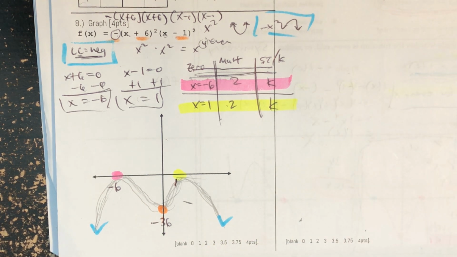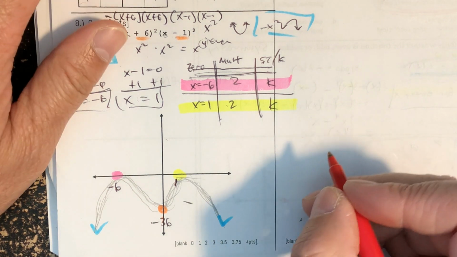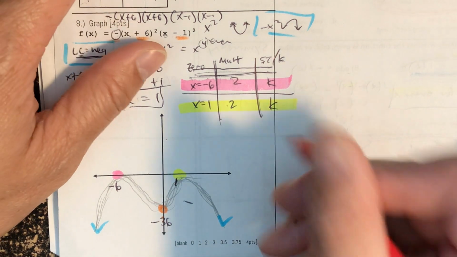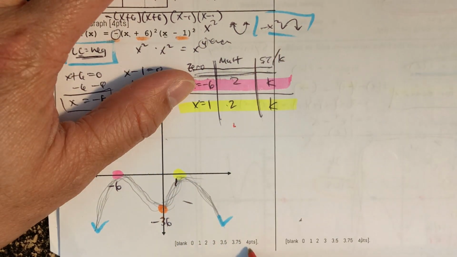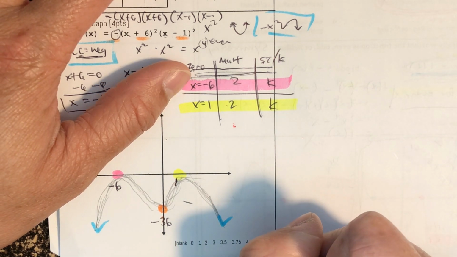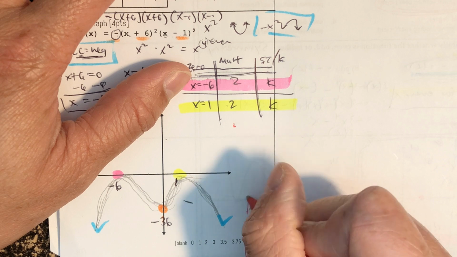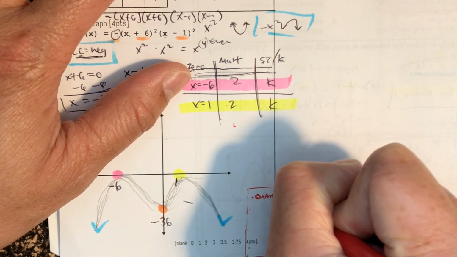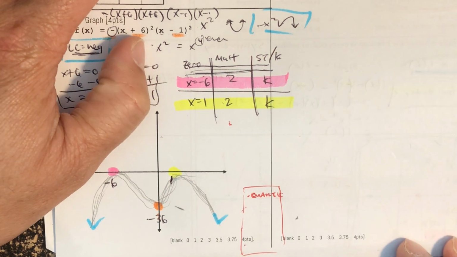How did I grade or award you points? I gave you 4 points if you knew that it was a quartic. Quartic, 4th degree, right?